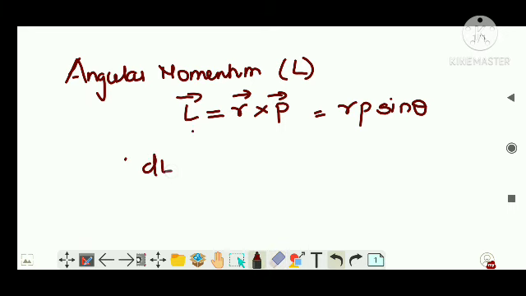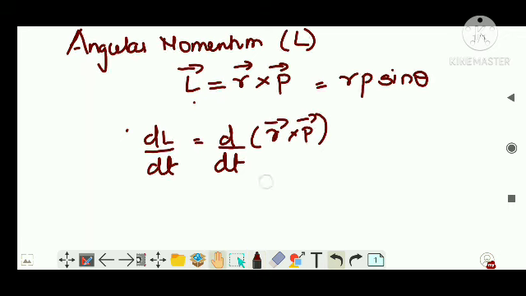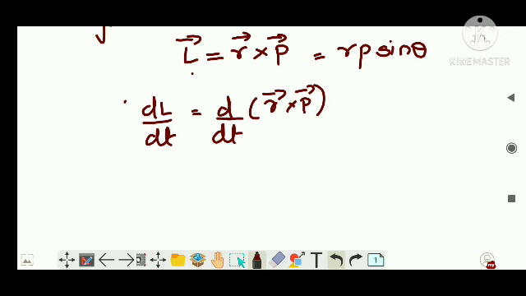Now, see, someone asks you to differentiate this equation. What would you do with respect to time? So you will write it as dL by dt is equal to d by dt of r cross P. Let us give this differentiation to both the terms. I hope you know the product rule of differentiation.